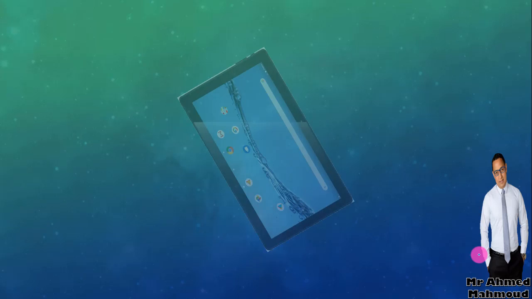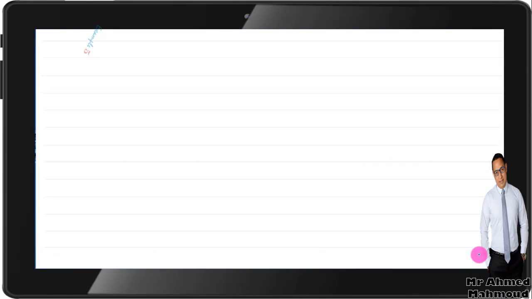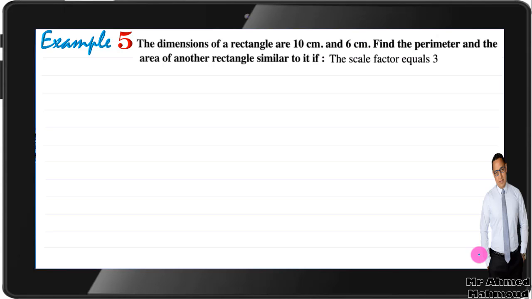Okay, now the next example. Here, example 5. The dimensions of a rectangle are 10 and 6. Find the perimeter and the area of another rectangle if the scale factor is 3. Okay, as I said before, make the unknown up and the known down.